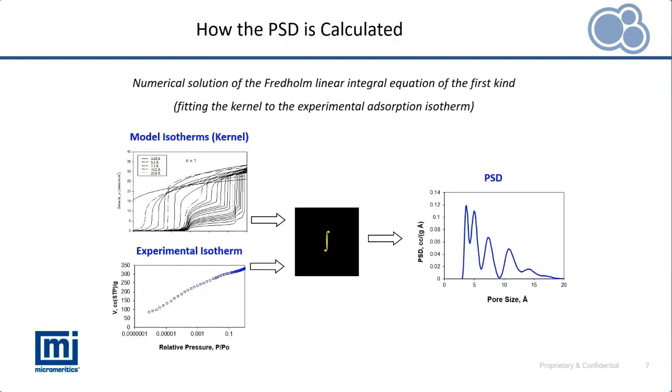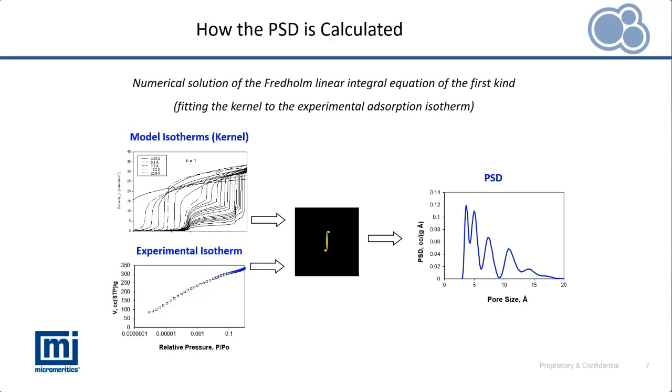Now that we know how to calculate a theoretical isotherm using density functional theory, we can calculate many such isotherms for a sequence of pore sizes, like it's shown here. This set of isotherms may be called a family of isotherms, but mathematically it's called a kernel.